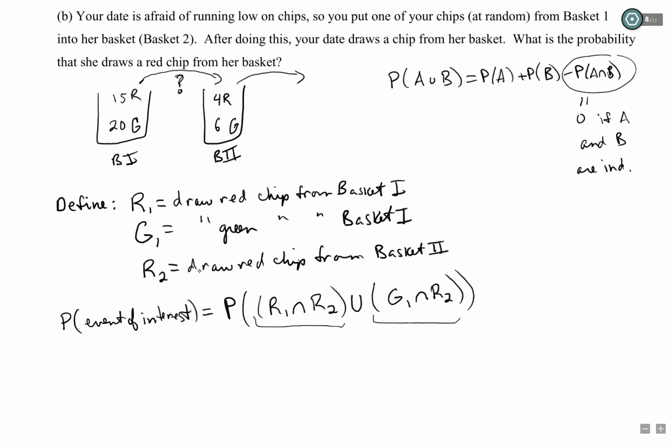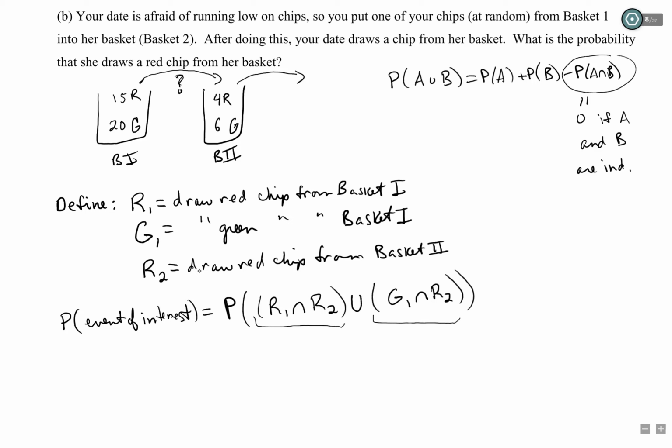Now, let's ask the question: are these? I kind of pretend this whole thing in the bracket there is A, and this is like B. Is this event independent of this event? Do they have anything in common? The answer is no, they don't. I said independent.